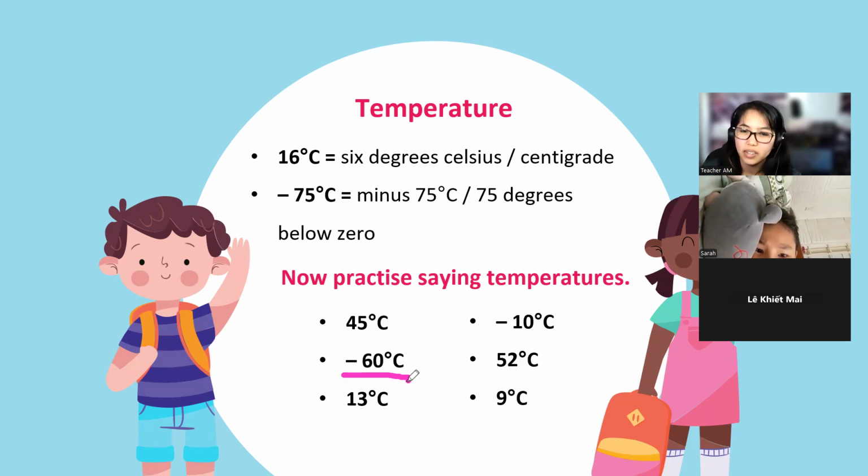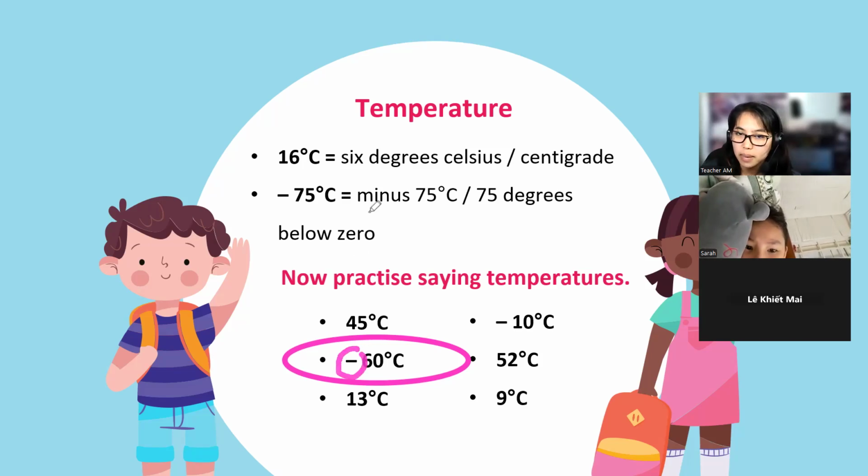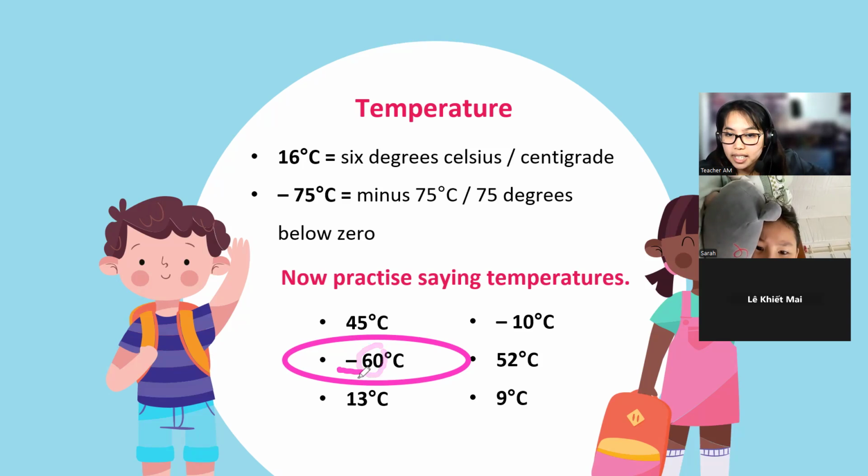Yes. Okay, so how do you read this one? Okay, look. We can see the sign, so that means minus. Then, what number? 60. So, that is minus 60 degrees Celsius.